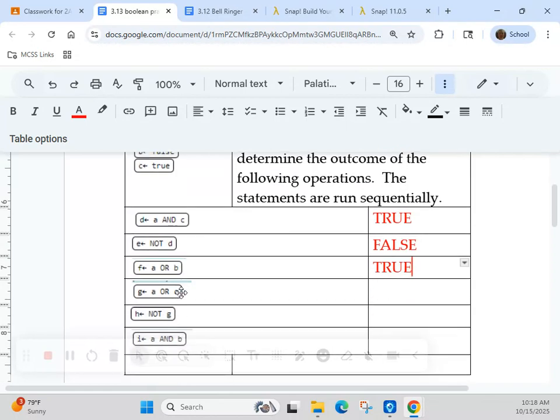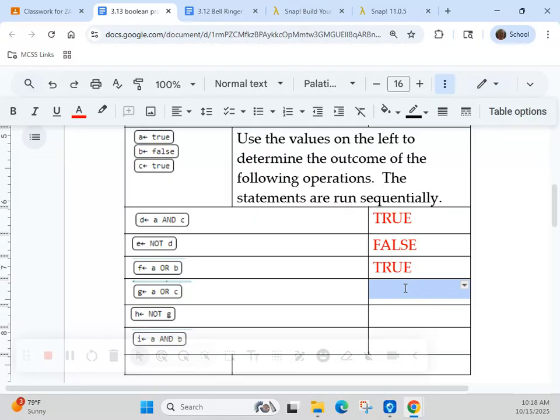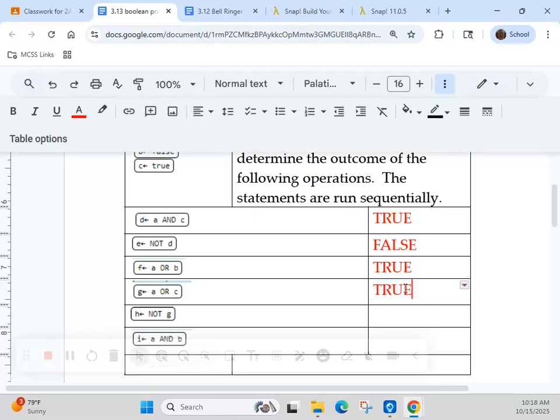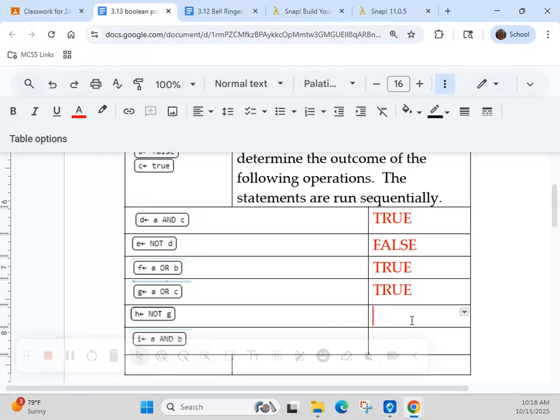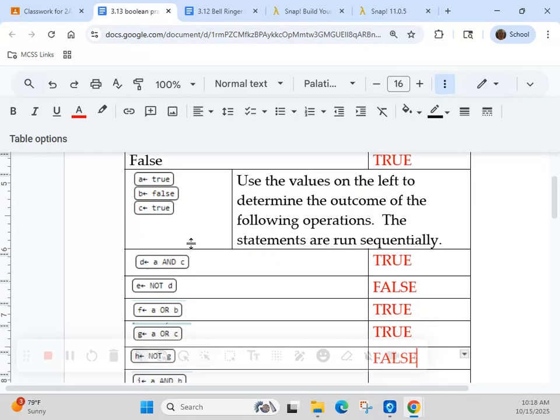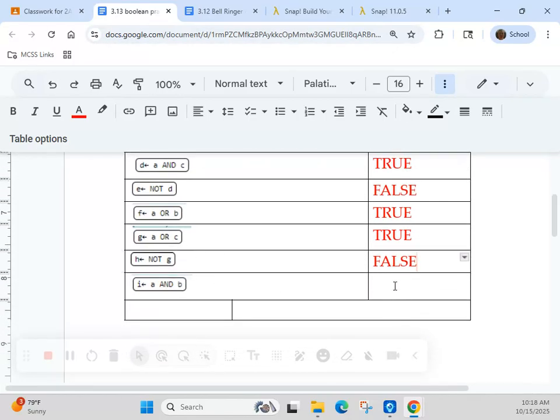For G, something is true or, doesn't matter, right? It's got to be true. Something is not true, obviously it's got to be false. And the last one there, if something is true and false, got to be false.